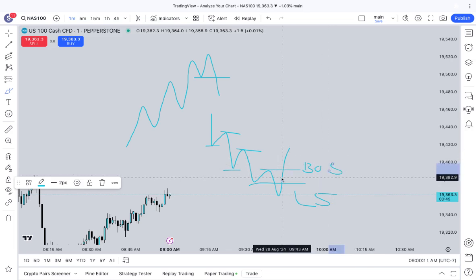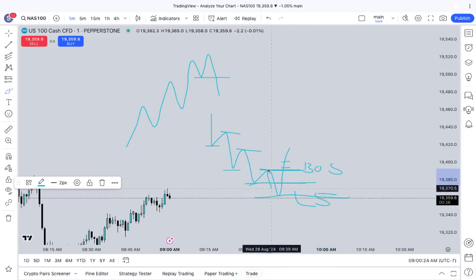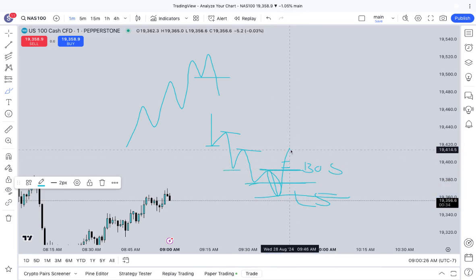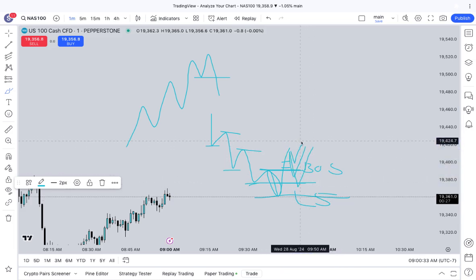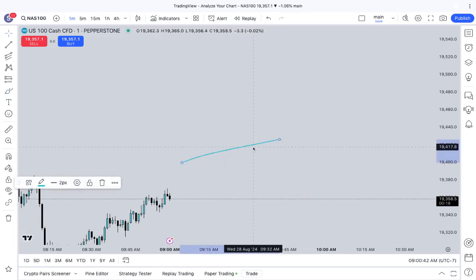And then after that break of structure, we wait for the third confluence, which is either a fair value gap right here, or this breaker block right here, or this whole entire order block right here. So wait for price to come either to here, or to here, or to this whole thing, and then rally up. So that's basically my trading plan, how I'm explaining it to you guys. That's what I've learned.